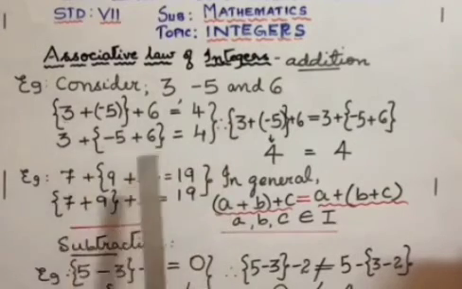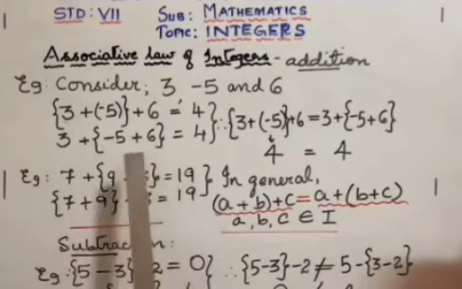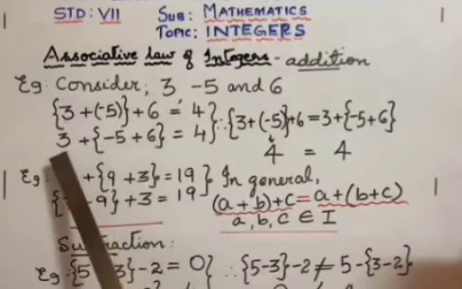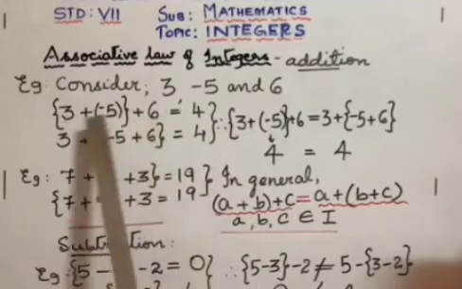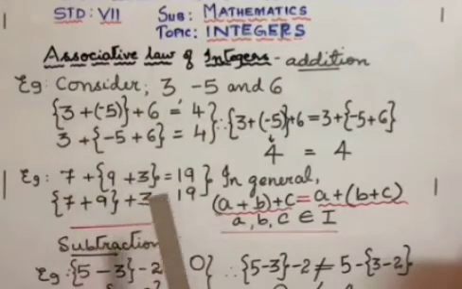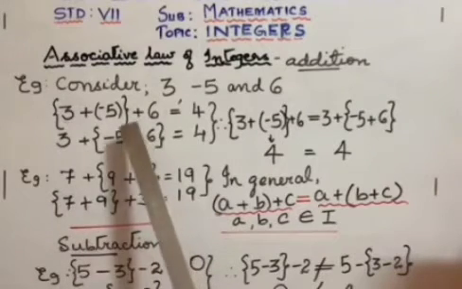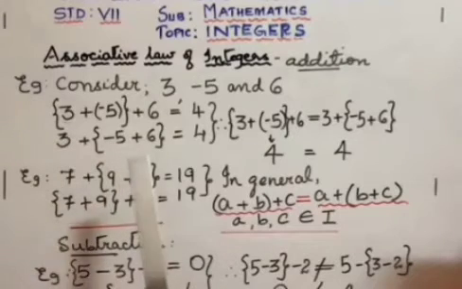On the other hand, 3 + (-5 + 6). So how do we operate this? -5 plus 6 is 1. So 3 plus 1 becomes 4. If you observe keenly, what do you think we have done here? What is different from commutative property? Children, can you think?